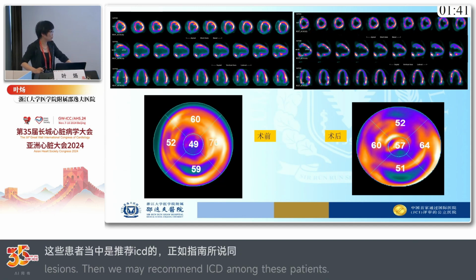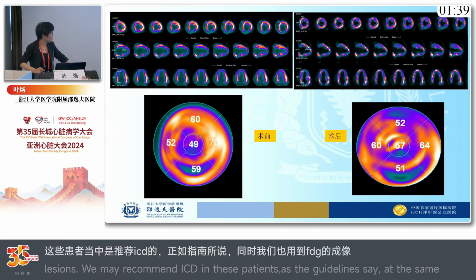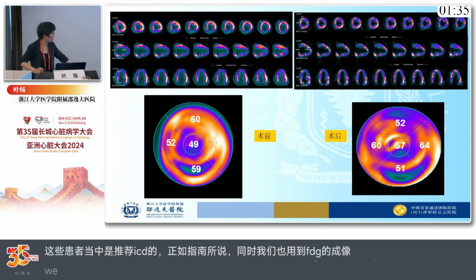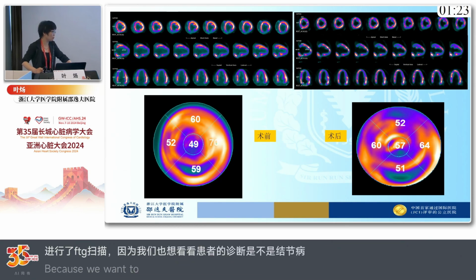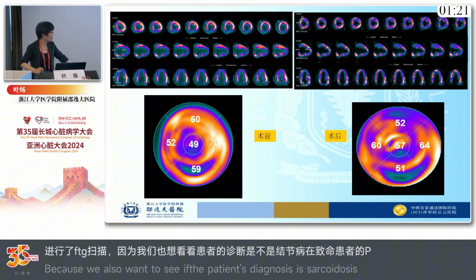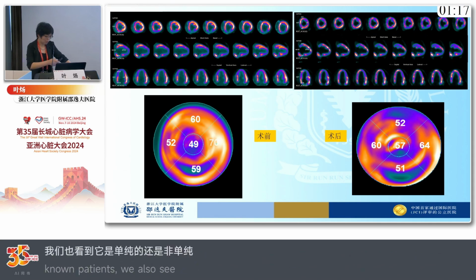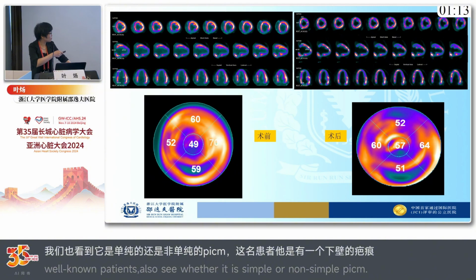Honestly, for this patient we also scanned FDG, not because we wanted to diagnose sarcoidosis or not, but because for such PICM patients we have to find whether it is pure or not pure PICM. And we found this patient has the inferior scar, and also the metabolism here is a bit lower.